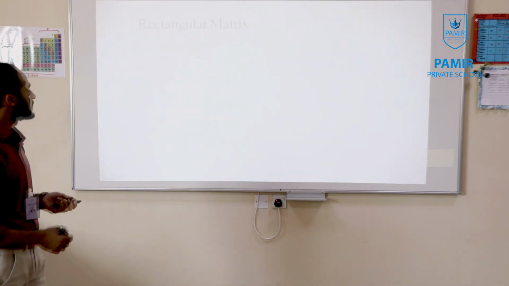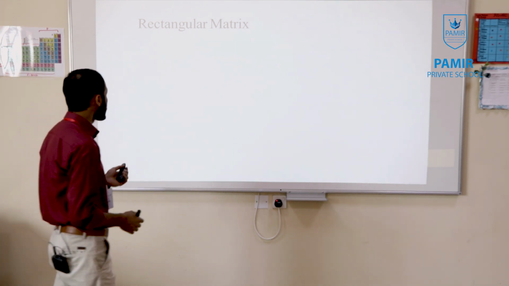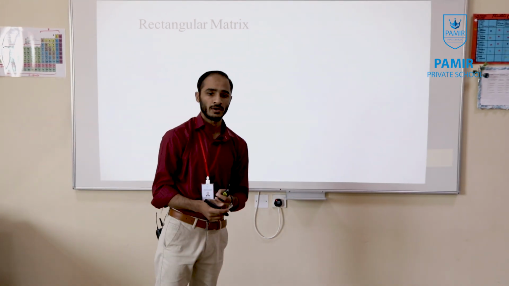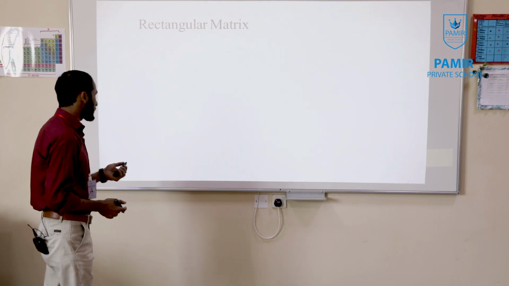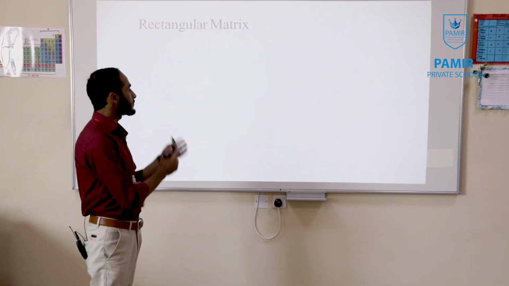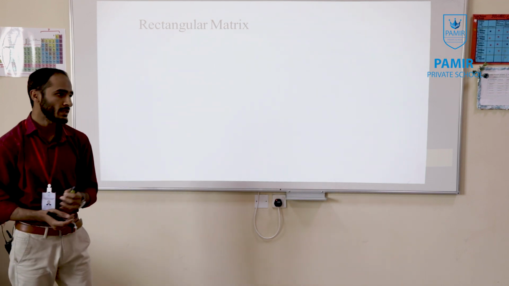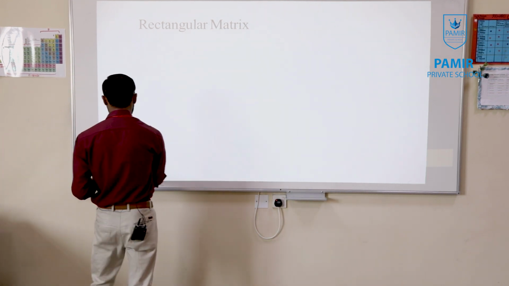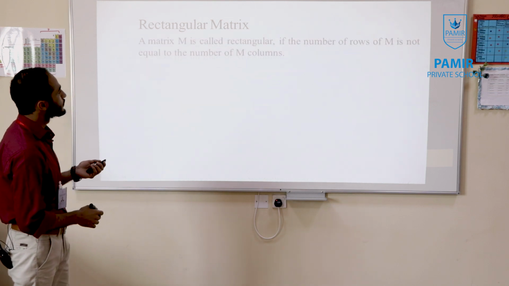Now moving forward, the third type of matrix is the rectangular matrix. A rectangular matrix is one where the number of rows and columns is different. Examples are given here.